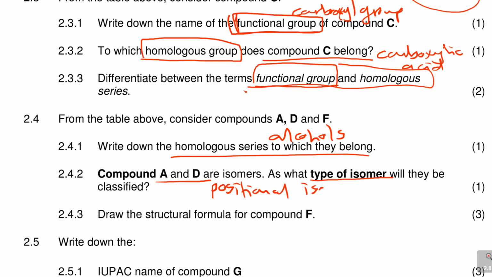Remember guys, there are 3 types of isomers. Number 1, the functional isomer, where the functional group is different. Number 2, the positional isomer. And number 3, what type of isomer is it? I forgot that third one, sorry about that.